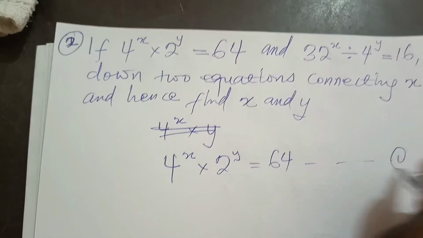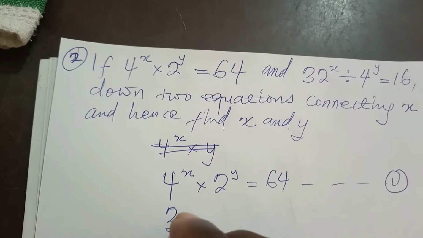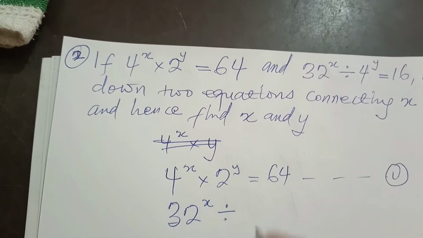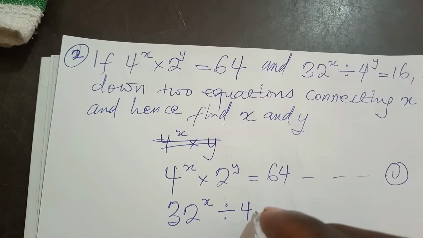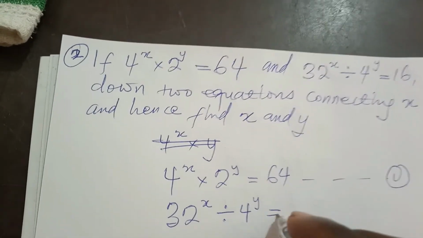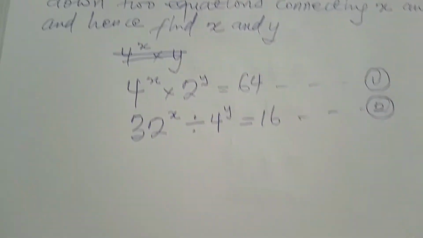Let's make this our equation 1. Then 32 exponent x divided by 4 exponent y equals 16. Equation 2.